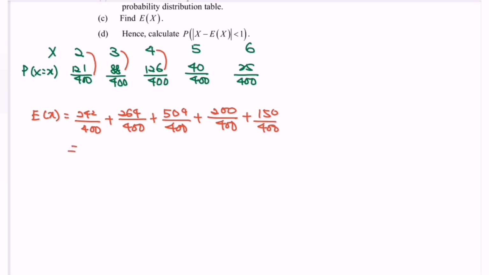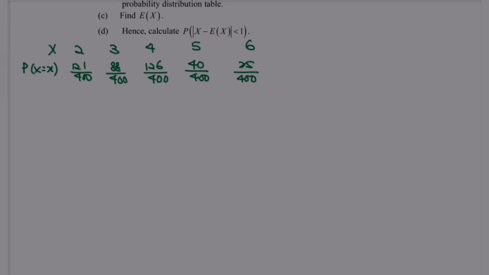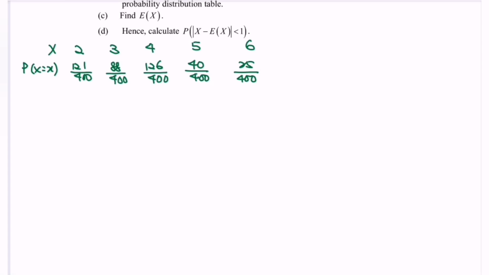If we sum up the situation, we will have 1360 over 400. So if we simplify the situation, and we will have 17 over 5 or 3.4 for the EX or expected value. Kindly refers to the question D.